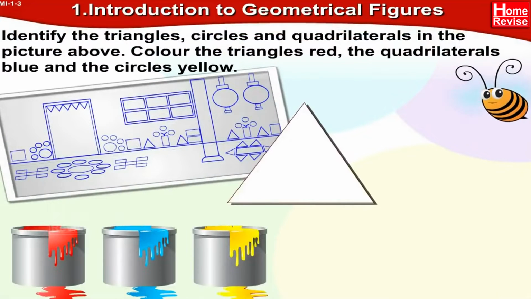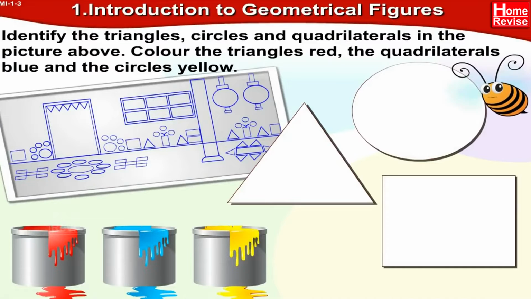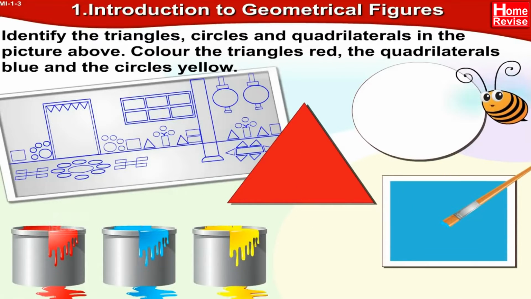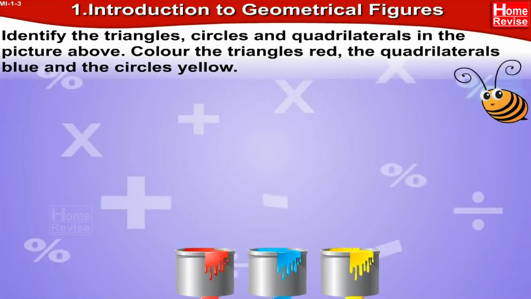Identify the triangles, circles, and quadrilaterals in the picture above. Color the triangles red, the quadrilaterals blue, and the circles yellow. I'm sure this activity is going to be fun for you, so just go for it.